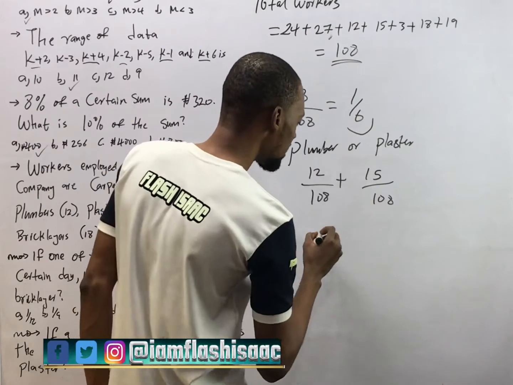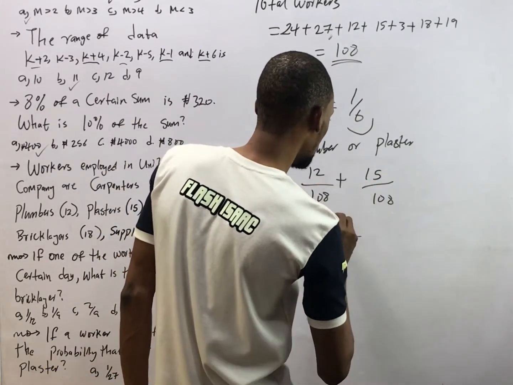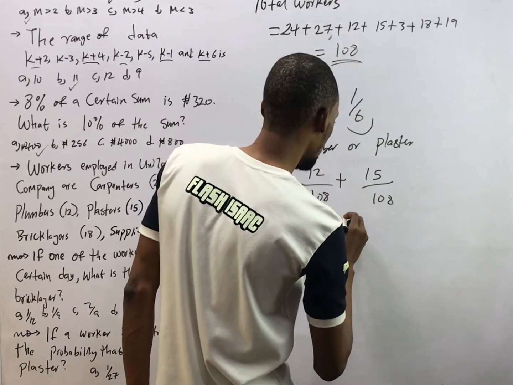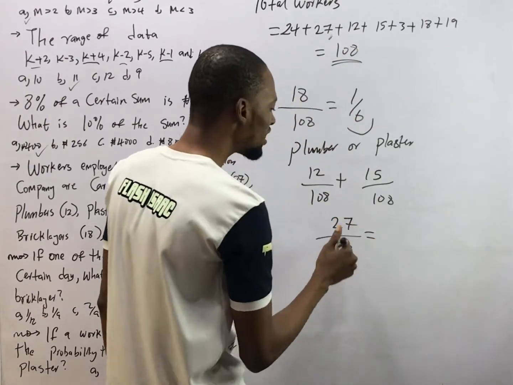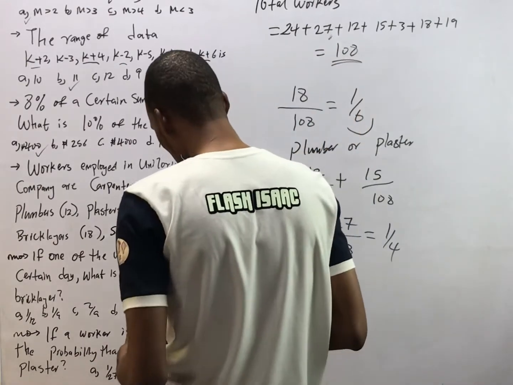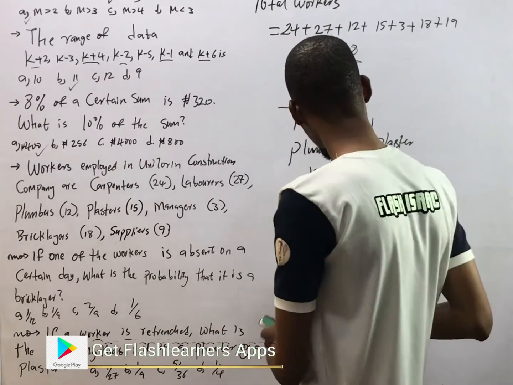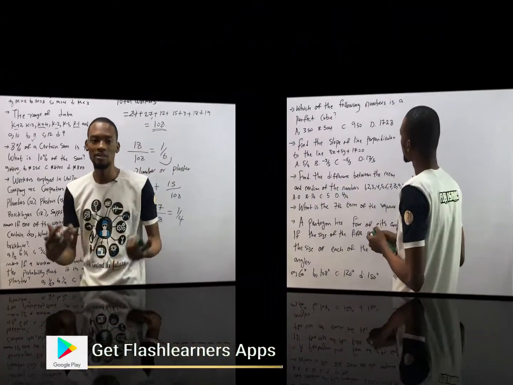So adding this, the LCM is simply 108. 12 plus 15 will give you 27. So adding this, it should arrive at 1 over 4. So the probability that a plumber or plaster is retrenched is simply 1 over 4.